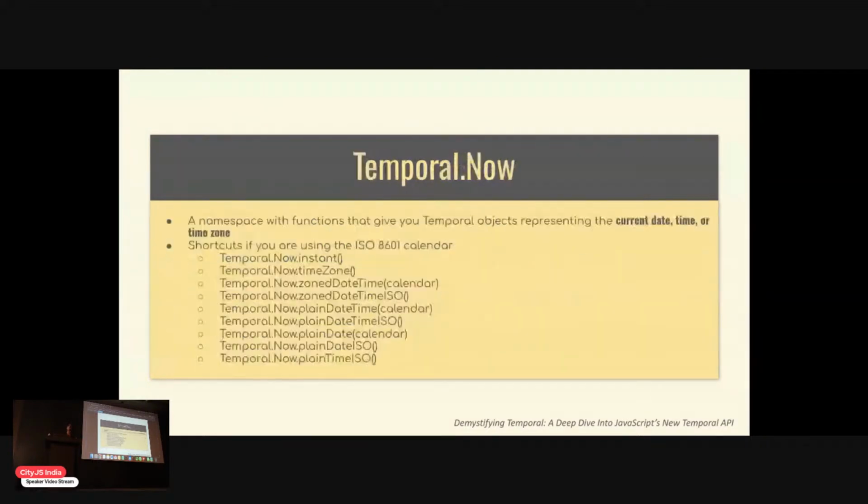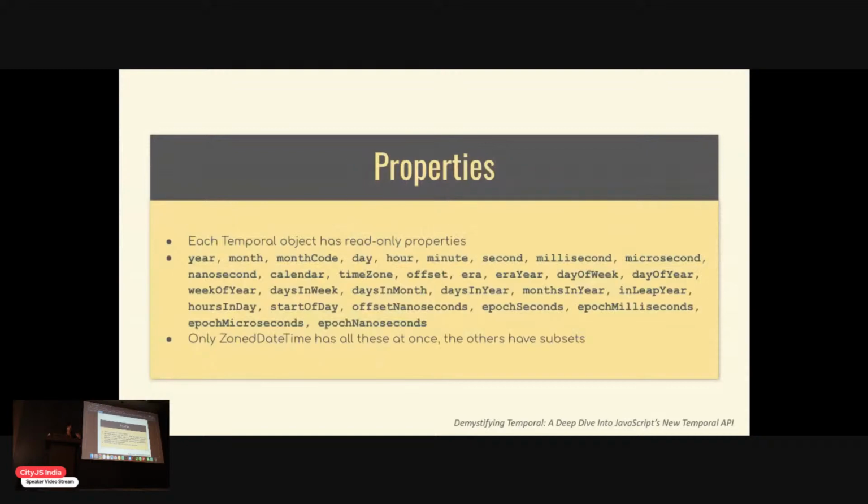And then after this, we actually need to find out the milliseconds. So each temporal type has a bunch of these properties, right? But not every type has all the properties. Like we only have the ones that make sense for that particular type.